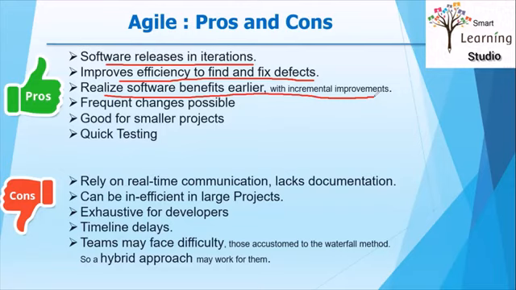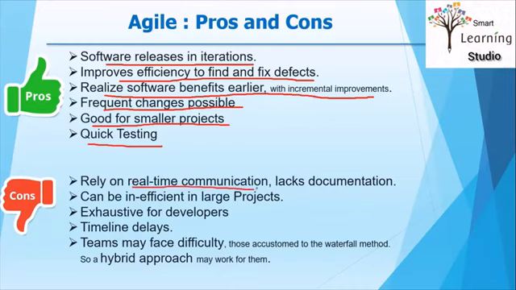So risk is less. It is giving better results, and it is improving the efficiencies. Frequent changes are possible, so you can incorporate the changes while you are developing. It is good for smaller projects. Quick testing is possible. Now let us come to the cons of it.